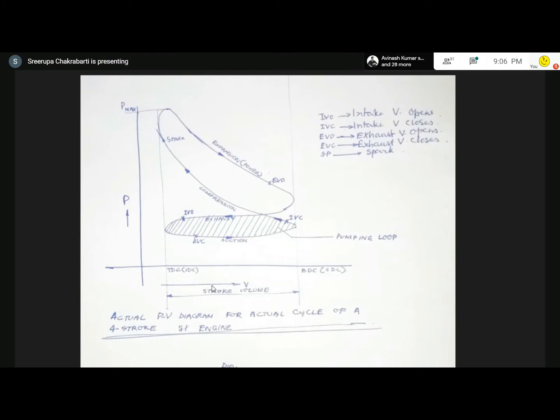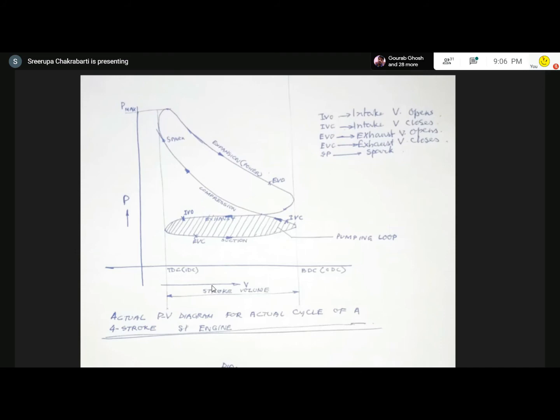Those cycles are all hypothetical, all imaginary. The actual cycle I am showing here now is the actual cycle for a petrol engine, with some deviations for a diesel engine also.